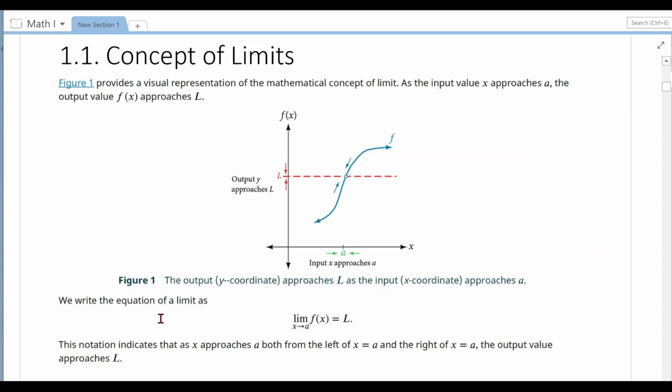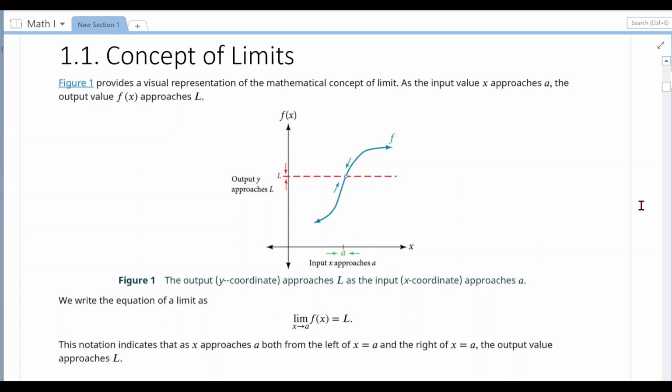When we write an equation such as the limit of a function of x as x approaches a equals L, L is the value on the y-axis, if you like, as x approaches a, as shown in the green color here.